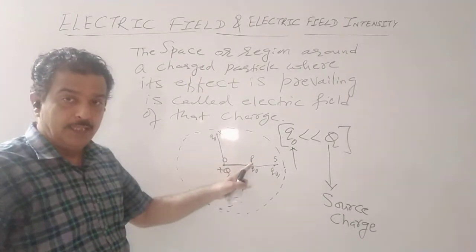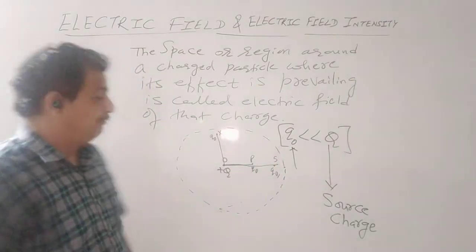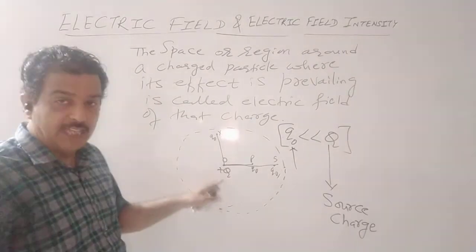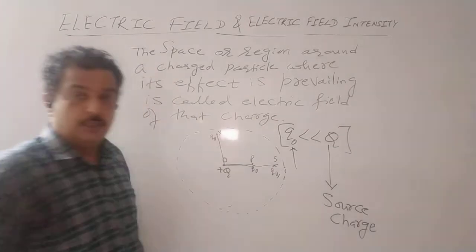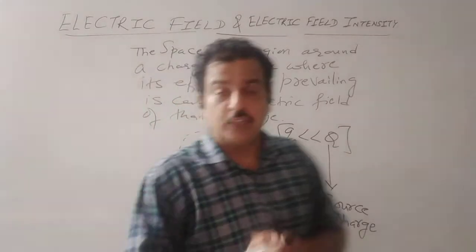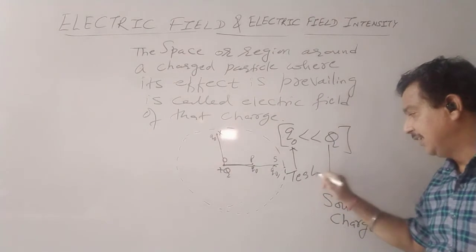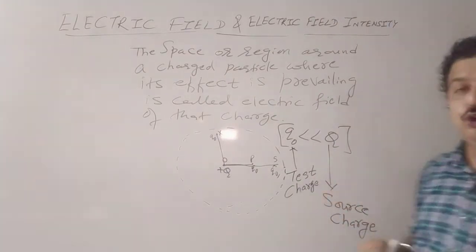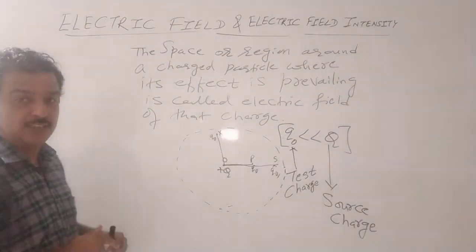Point P as compared to S, because S is far away from our source charge. और जो चार्ज तुम रखोगे to check the effect of the source charge, that will be referred as a test charge. So we are introducing two new terminologies, the source charge and the test charge.